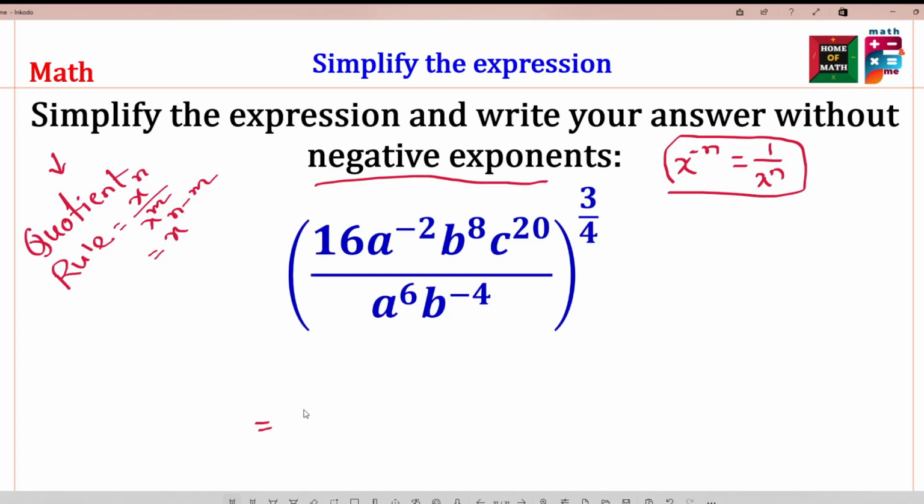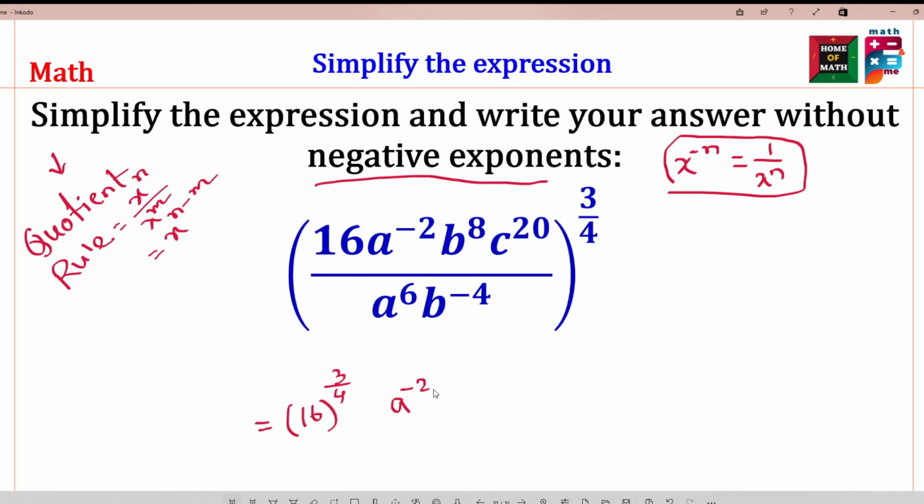Look, here is 16, we can separate everything by 3 by 4. It means 16 we can write as 16 to the power 3 by 4. Then here is a to the power minus 2 and in the denominator a to the power 6. We can write a, and as per this quotient rule we can write n minus m.